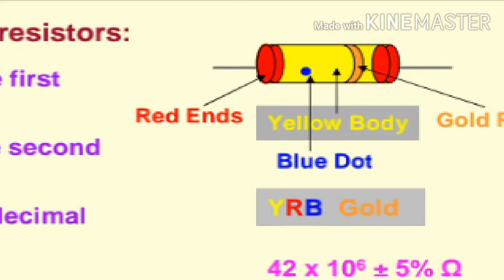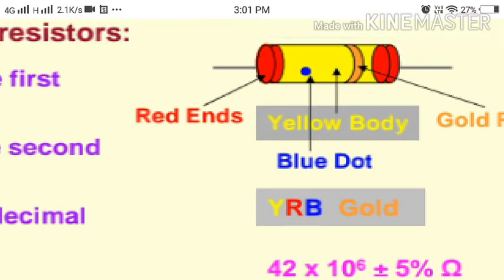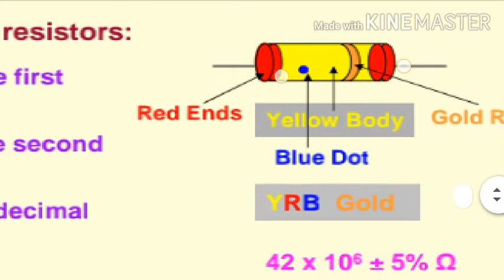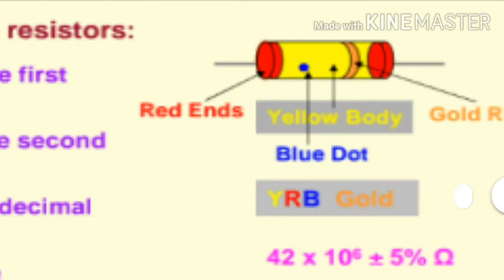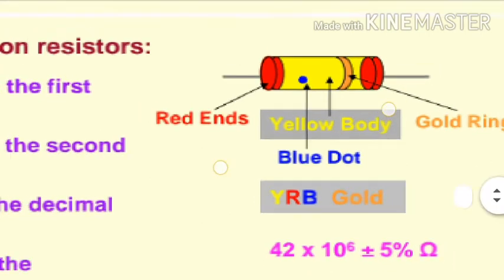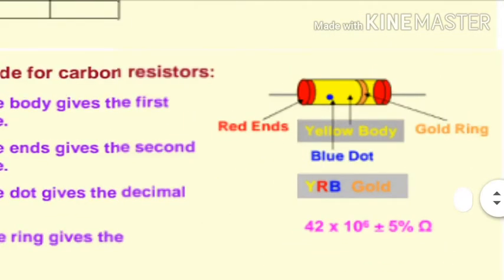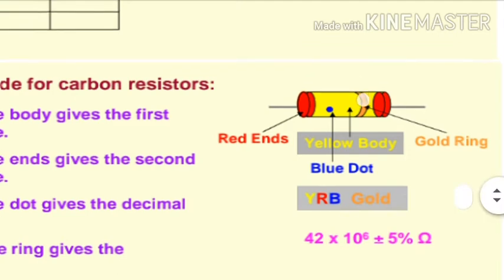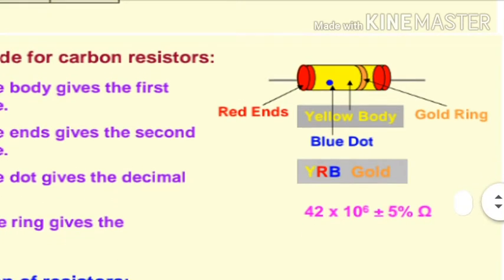Here is a dot of blue color, and the end side of the resistor is colored with the same color. You can see that both ends of this resistor are colored red, and there is a thick strip of a color on the left side of the end, that is, on the right side of the dot. This indicates the tolerance of the resistor.